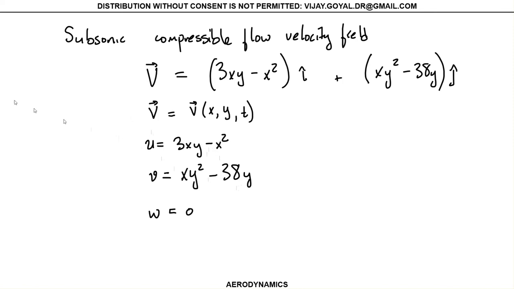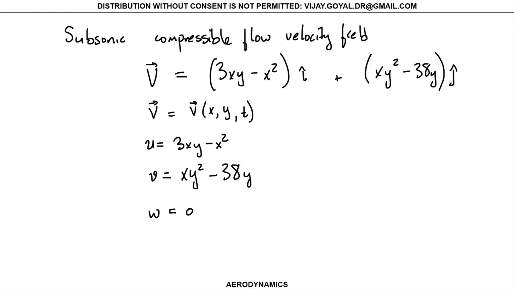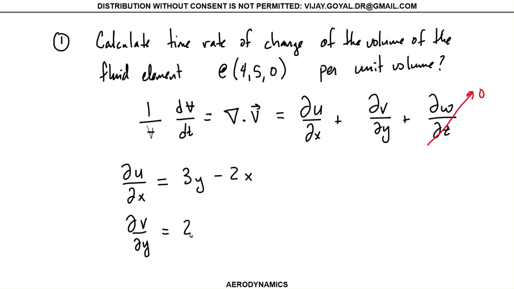And this will be partial of v with respect to y, so that would give you 2 times x y minus 38. Okay, so I replace this inside here.